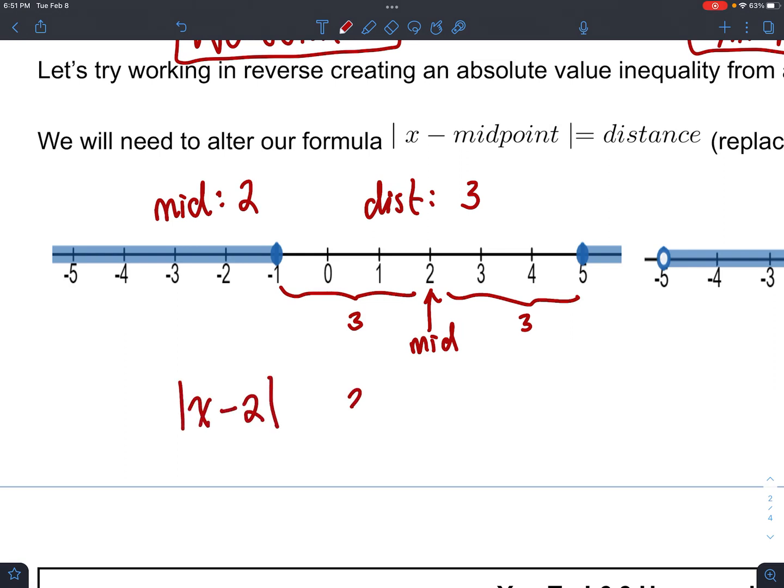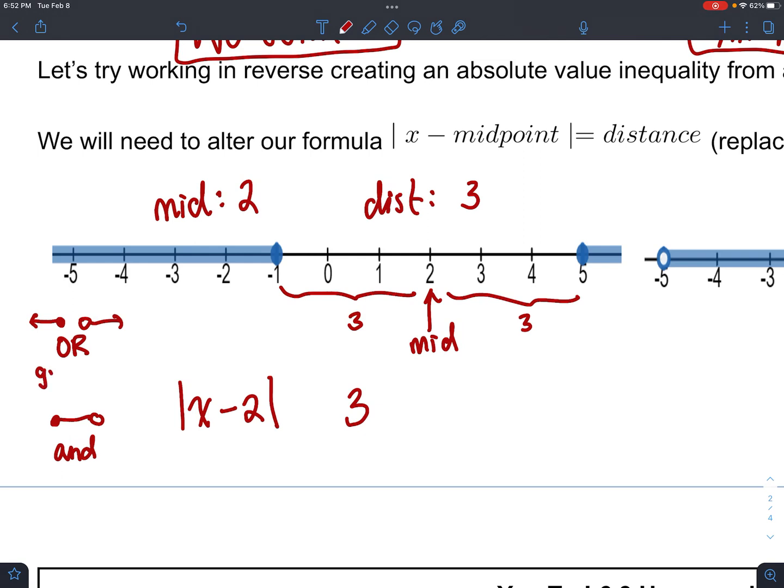So the way this works is x minus the midpoint, and then you have to pick a sign. So remember, this kind of setup is or, and this kind of setup, whether filled in or not filled in, doesn't matter, that's and.